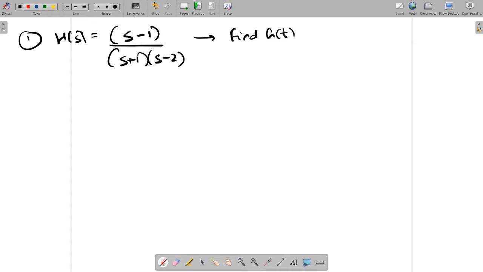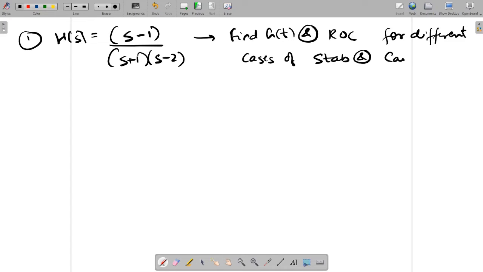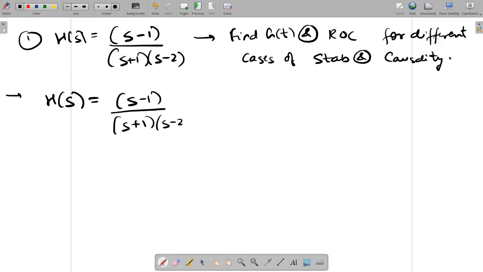Find h of t and ROC for different cases of stability and causality. So h of s is given to us. It is (s minus 1) upon (s plus 1)(s minus 2).